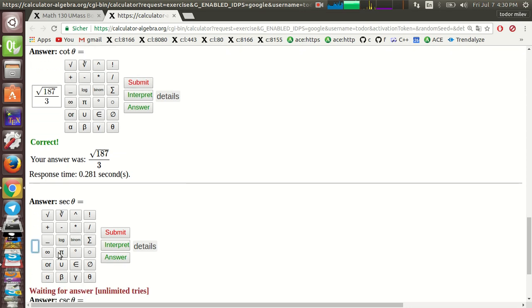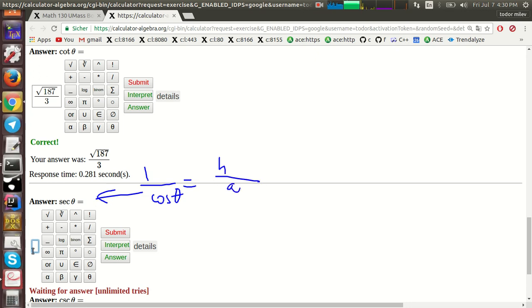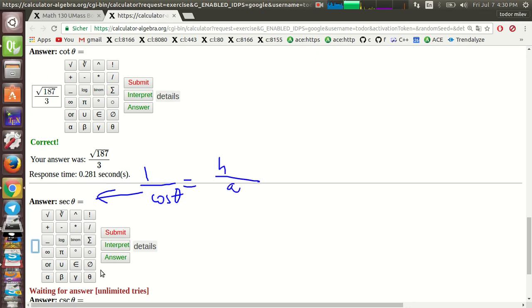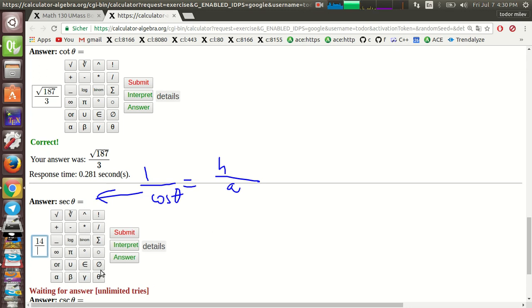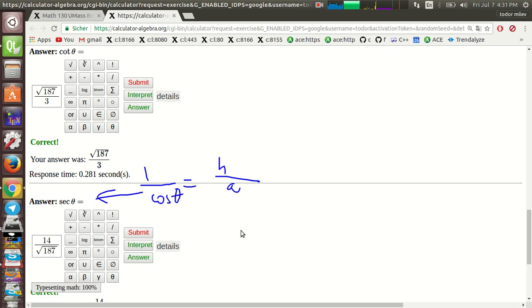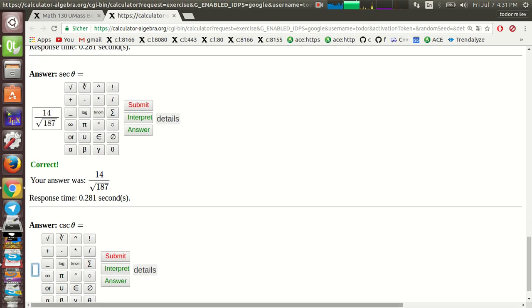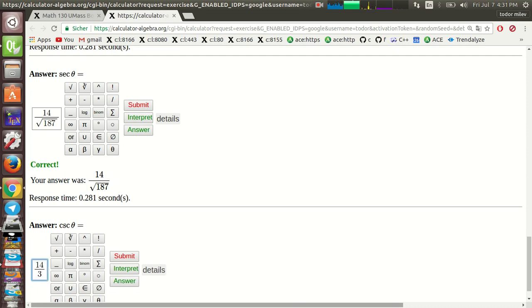Now secant of theta, that was 1 over cosine of theta, which is hypotenuse over adjacent. So the hypotenuse was 14, and I need to divide by the adjacent one, which was radical of 187. Alright, that's marked as correct as well. And finally, cosecant of theta, that was 1 over sine, so that would be 14 thirds.